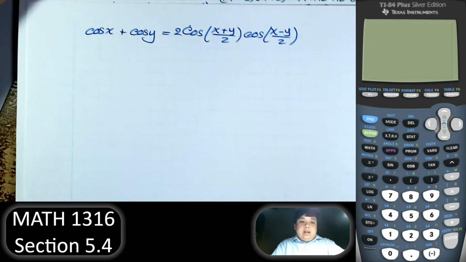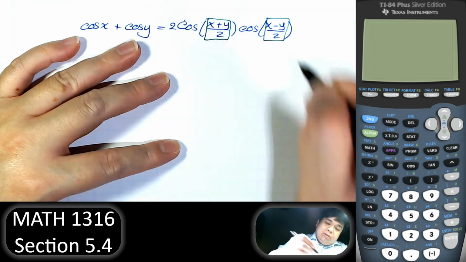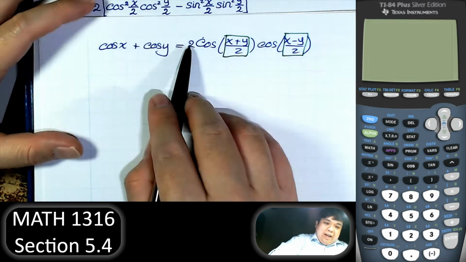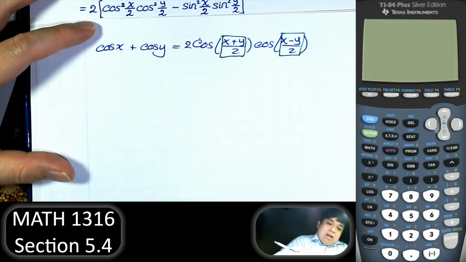What I do here is I will let u equal to this and v equal to this. Right. And then divide it. Yeah, let's start with that.